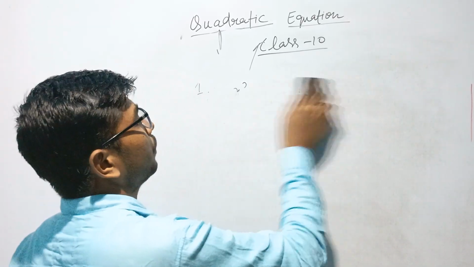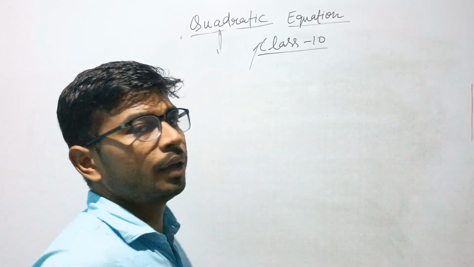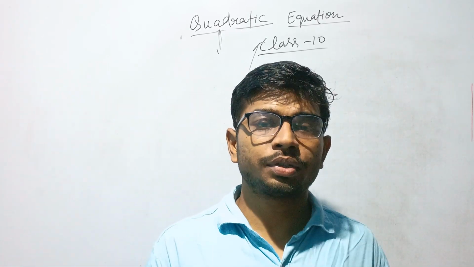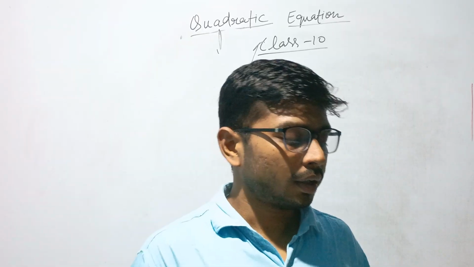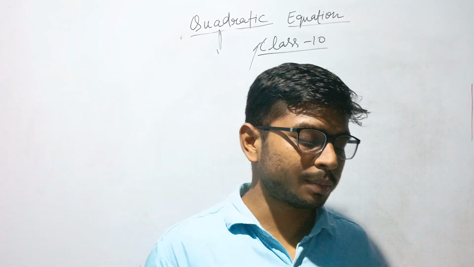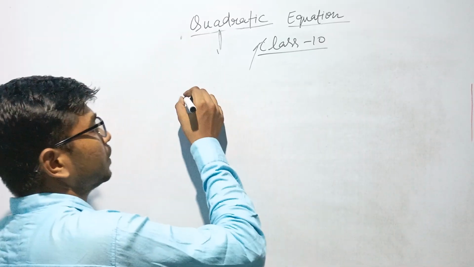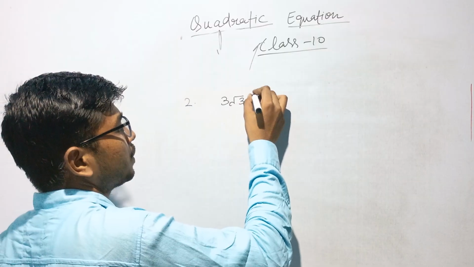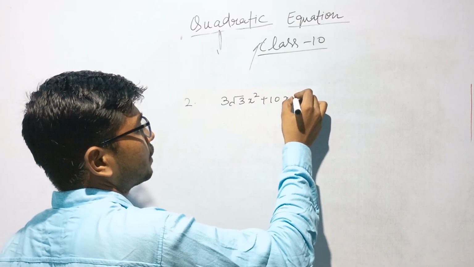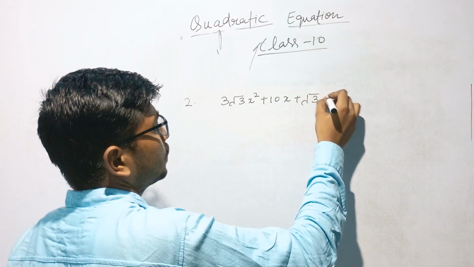Now I will solve one other type of question, a little harder. So I pick one question: 3 root 3 x square plus 10x plus root 3 equal to 0.